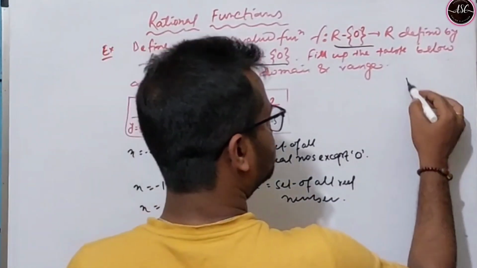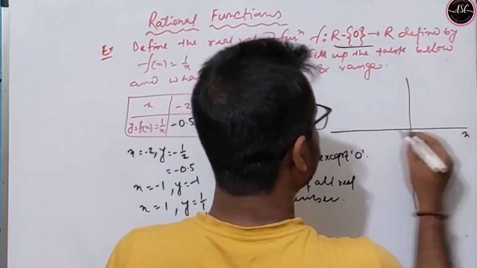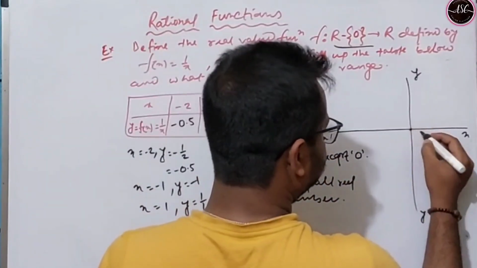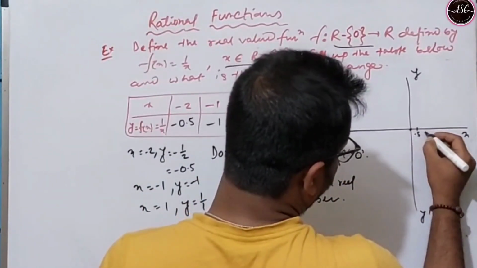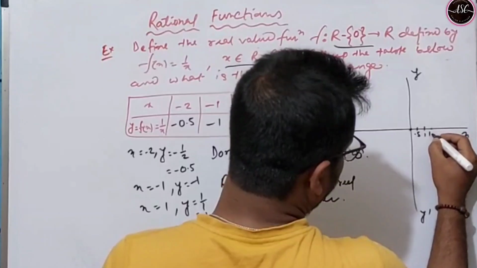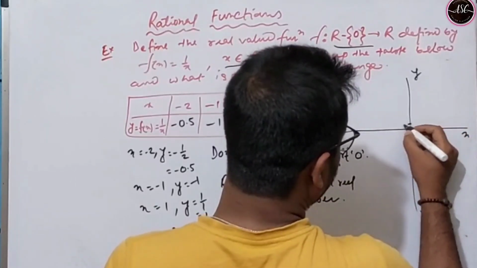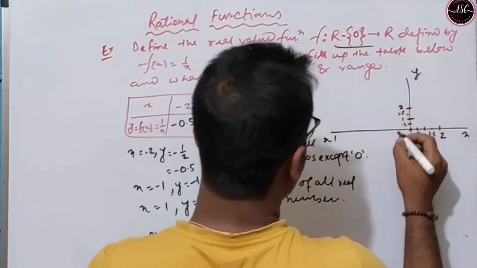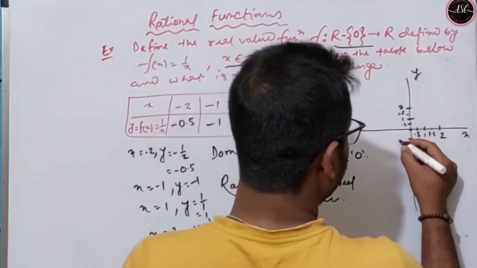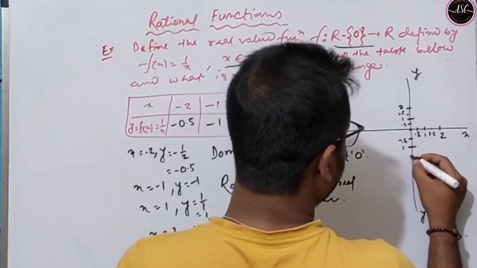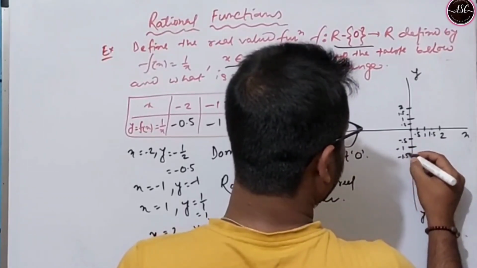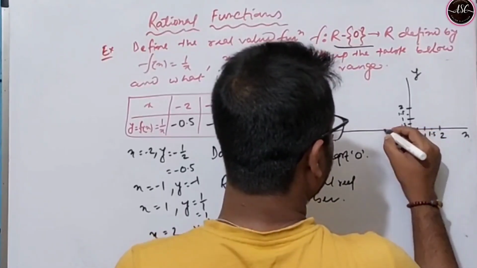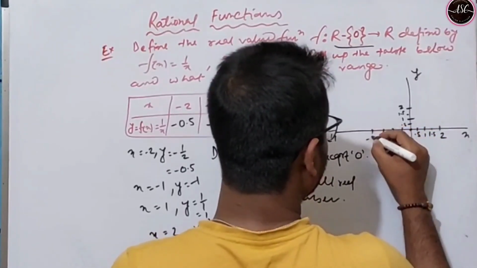If we draw the graph, x dash, x, y, y dash, this is the origin. This is 0.5, 1, 1.5, 2 on the positive side, and minus 0.5, minus 1, minus 1.5, minus 2 on the negative side.